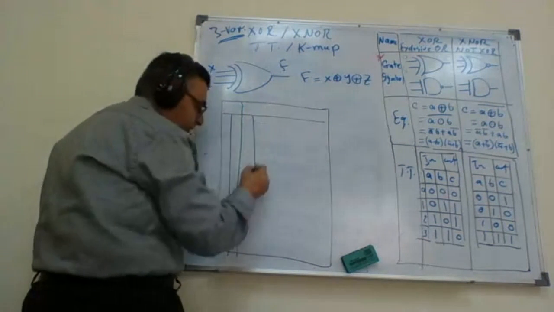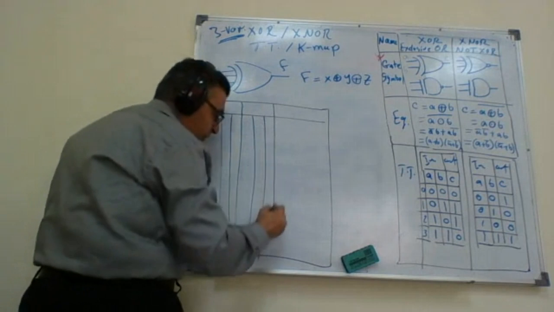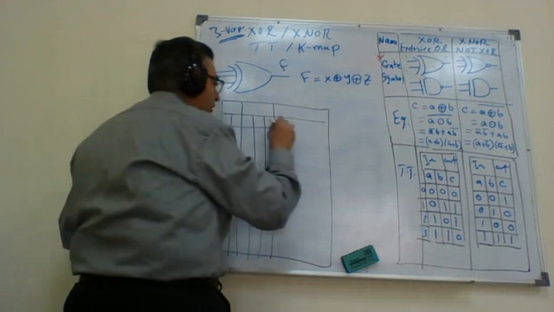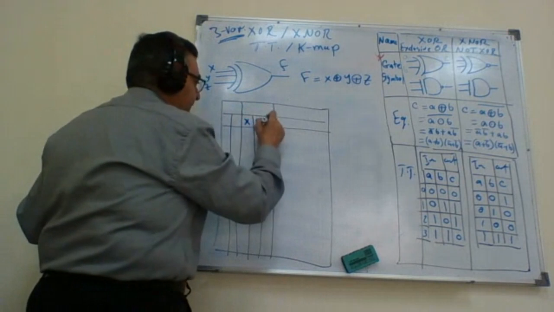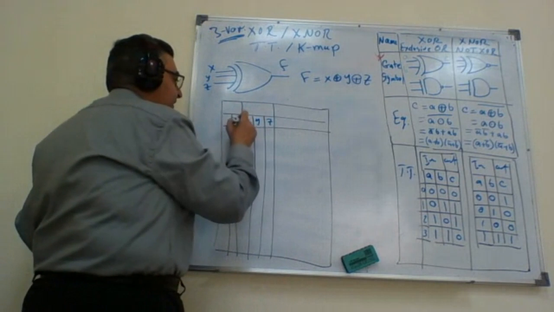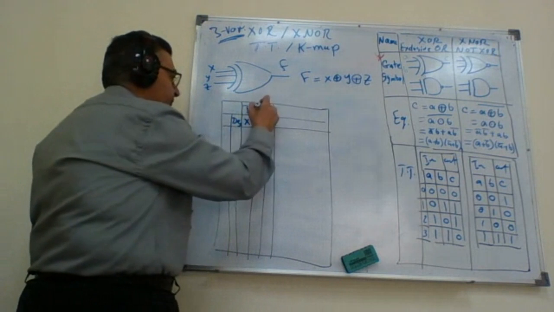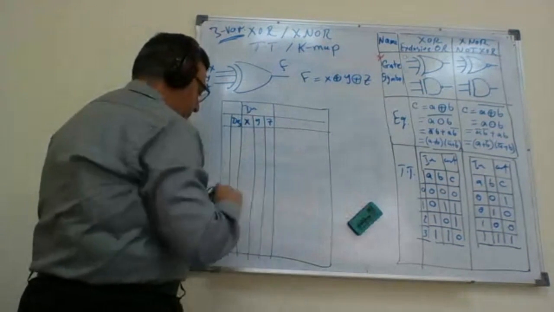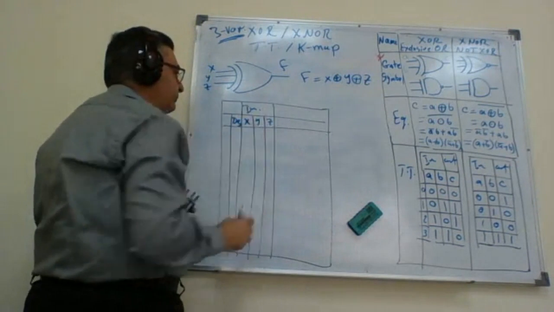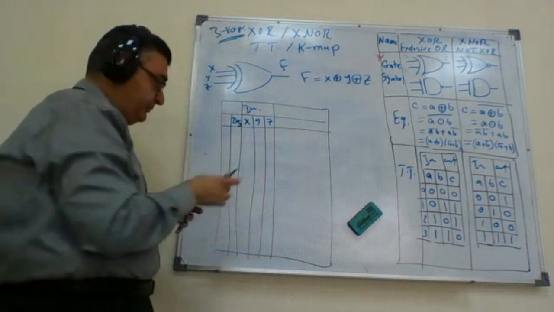I have here 3 inputs, X, Y, and Z. I have here the designator, as we agreed, and these are the inputs. And I want to derive F, the output.